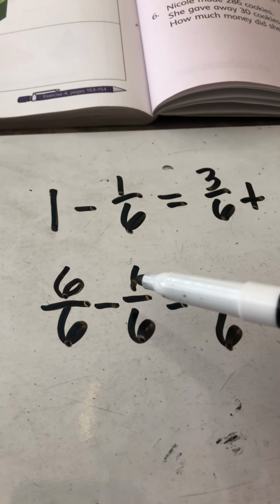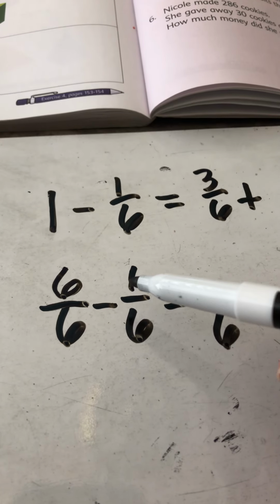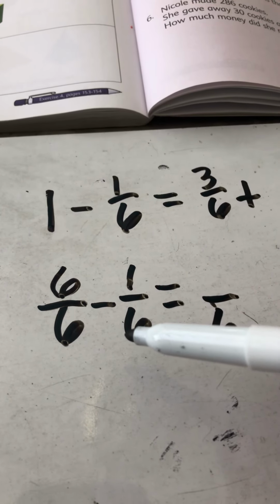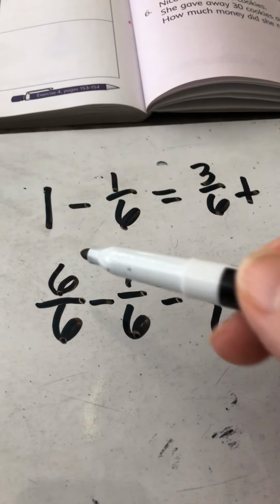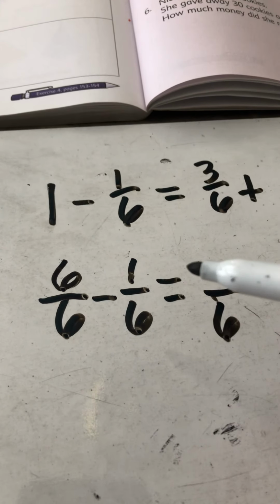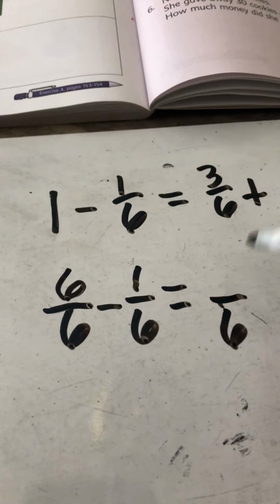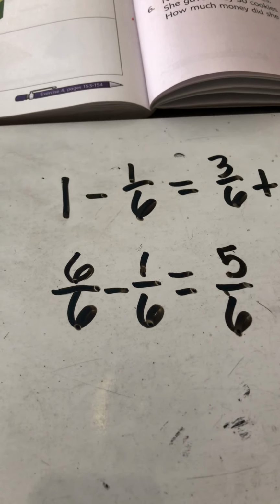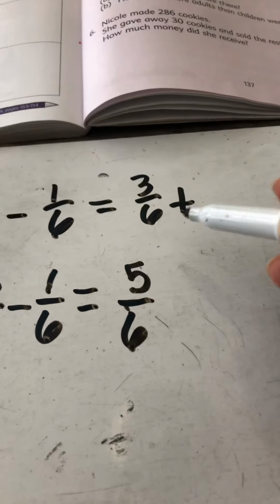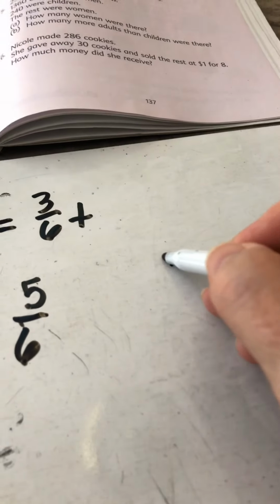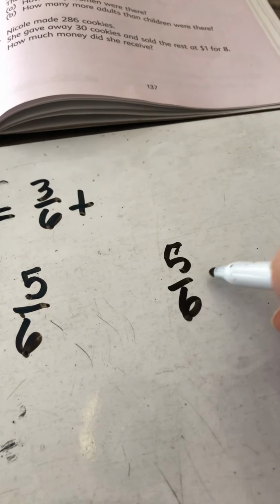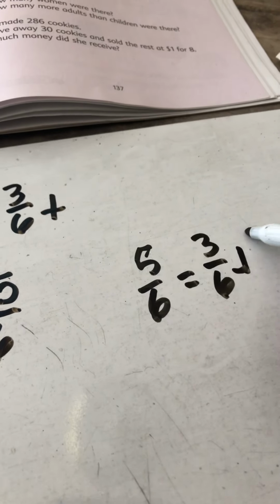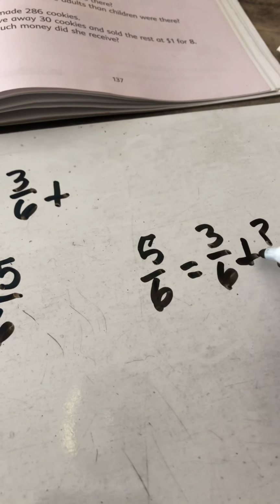Remember when you're adding and subtracting fractions, if the denominator is the same, don't do anything with it, okay? Just worry about the numerator. So 6 minus 1 is 5, okay? So now our problem would equal 5/6 equals 3/6 plus what?